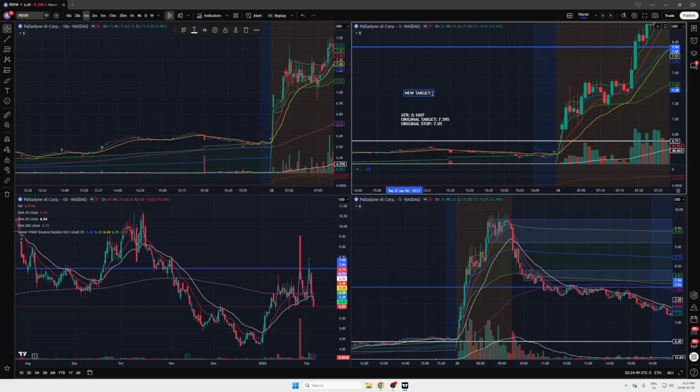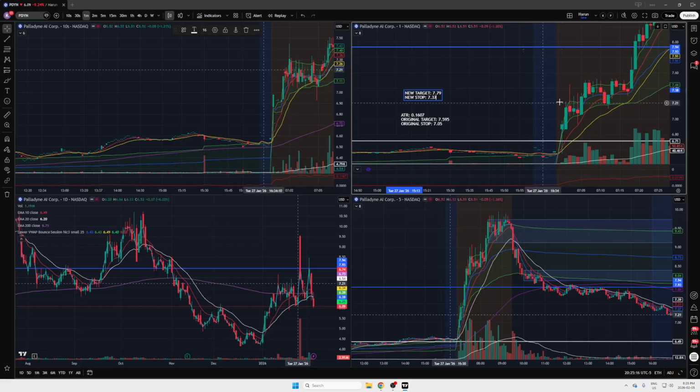So your new target is going to be 7.79. And your new stop loss is going to be 7.53 minus 0.1607, so your new stop is going to be 7.37.